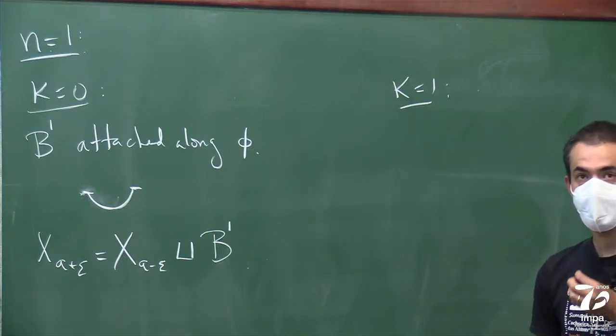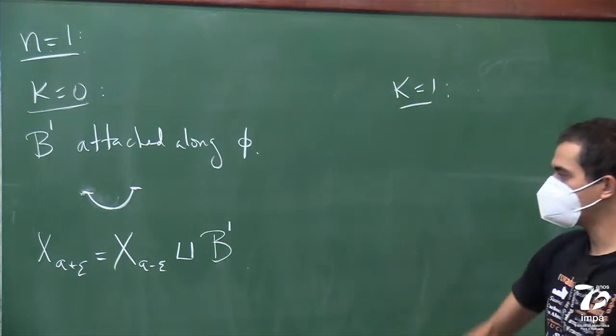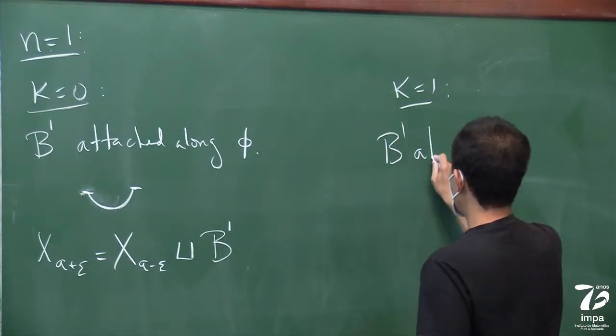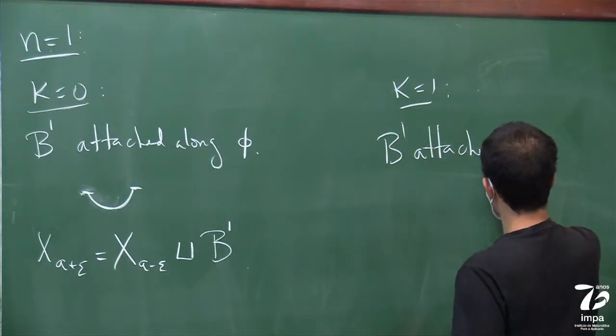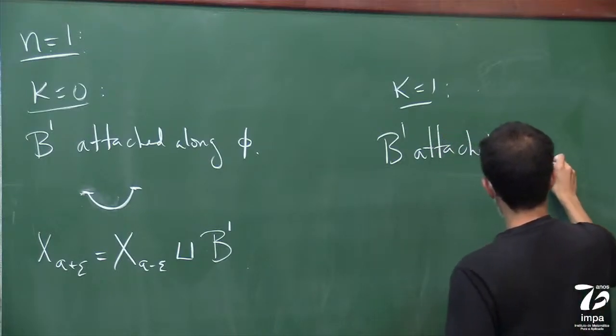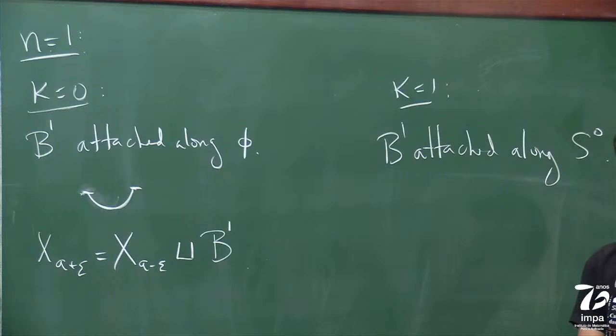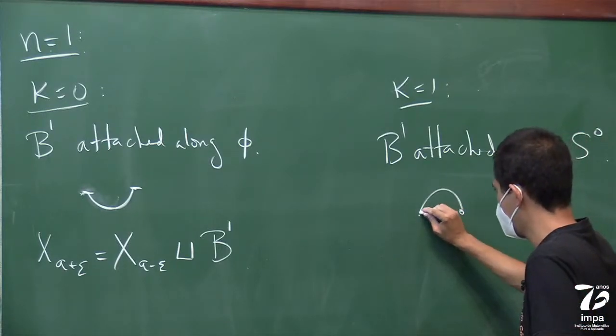Okay? And when you look at k equals 1, I also get a B1, but I get a B1 attached along an S0. So I should think of it as an interval, but like this.